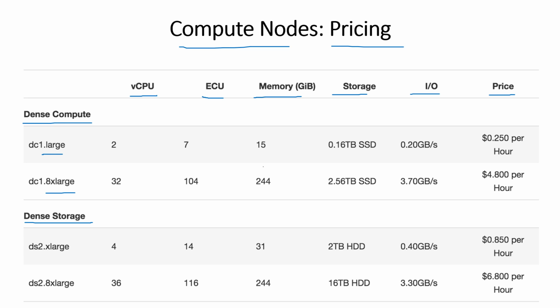The price for dense compute large is 25 cents an hour, versus the 8XLarge at about $4.8 per hour. As we see, dense storage is much more expensive than dense compute.